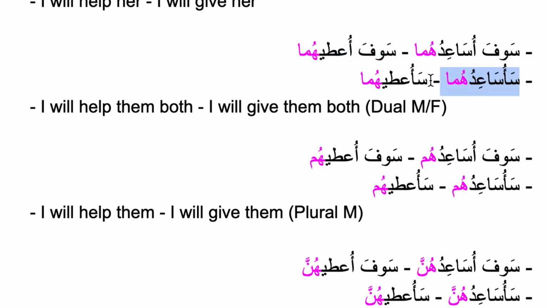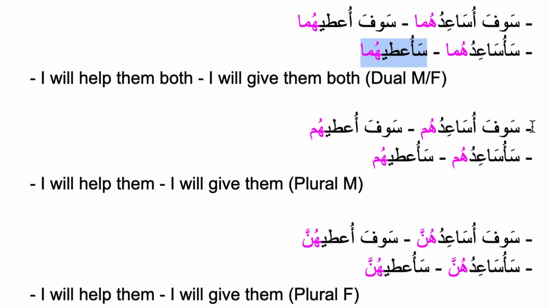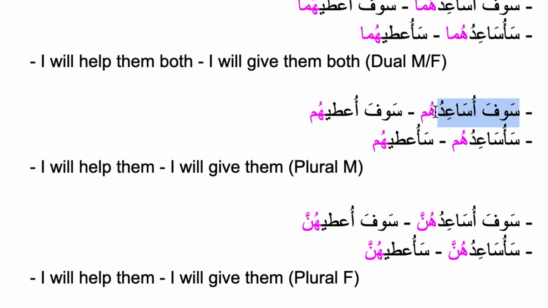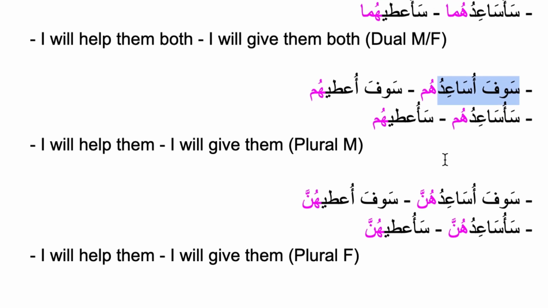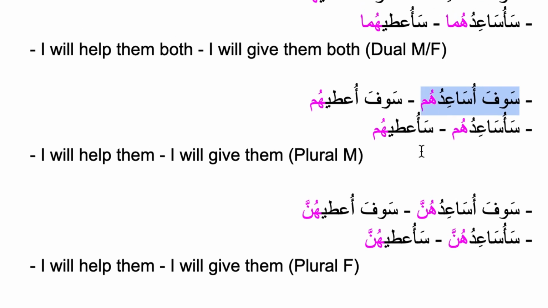The second line, سأساعدهما, سأعطيهما, to dual male or female. Next, سأساعد, سأساعدهم, I will help them. سوف أعطي, سوف أعطيهم, I will give them. The second line, سأساعدهم, سأعطيهم, to plural male.